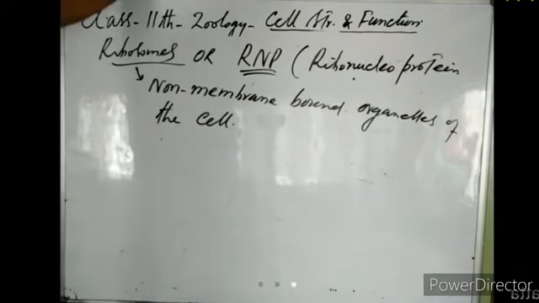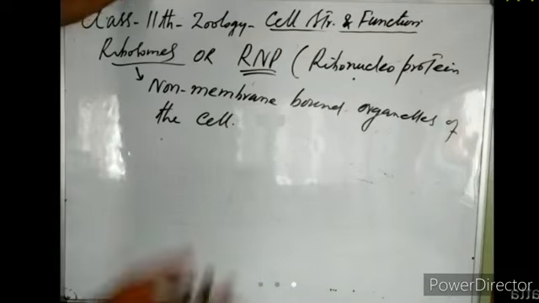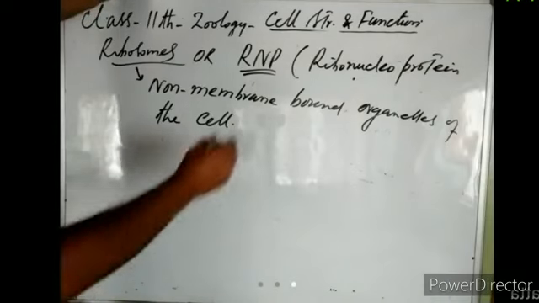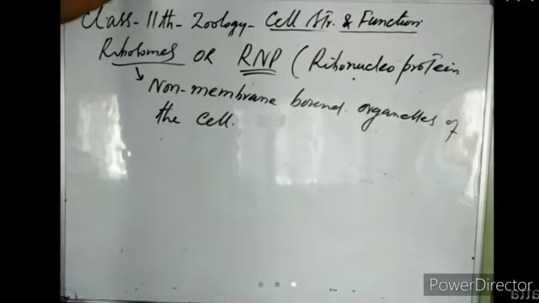We studied the nucleus and found that it is covered by a double nuclear membrane. We discussed mitochondria, which are also covered by a double membrane, outer membrane and inner membrane. We discussed Golgi bodies, and found that Golgi cisternae are covered by membranes, right? But these ribosomes are not covered by any membrane. So for that reason, they are known as non-membrane bound organelles of the cell.